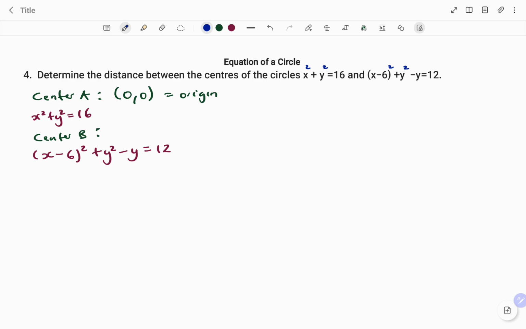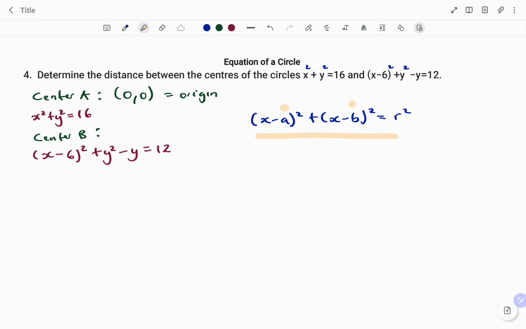If the center is not at the origin, the standard equation will be x minus a all squared plus y minus b all squared equals the radius squared. So we need to write the equation in this format in order to find the center with coordinates a and b.